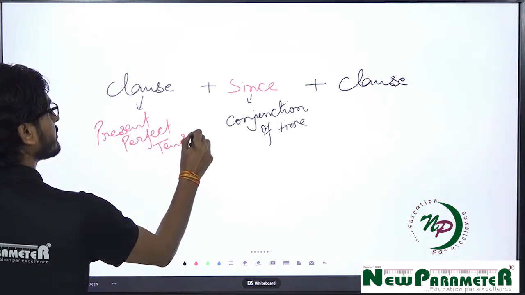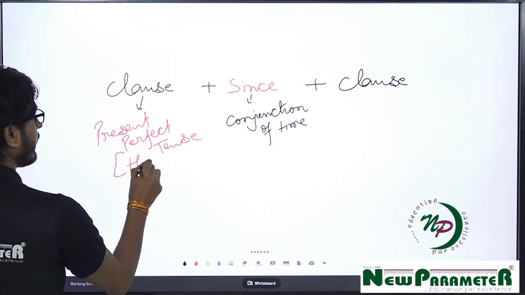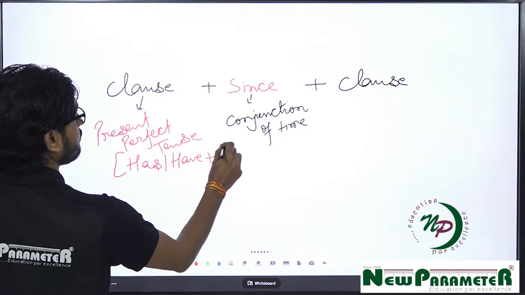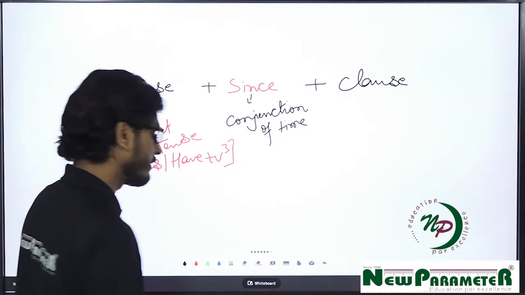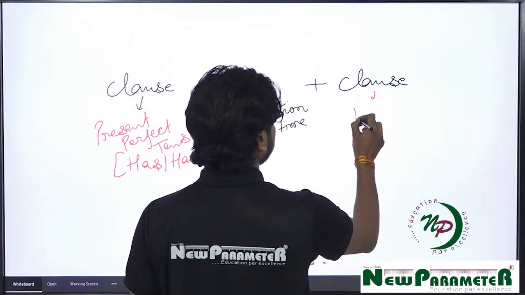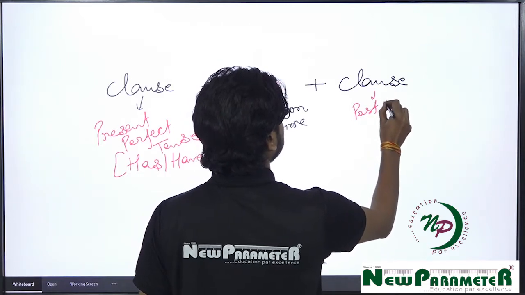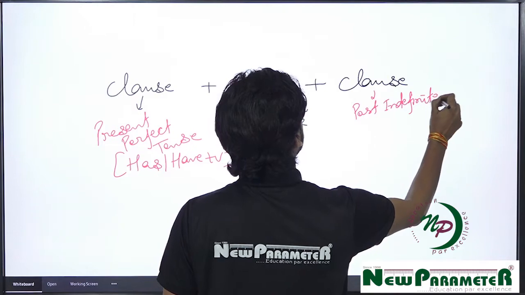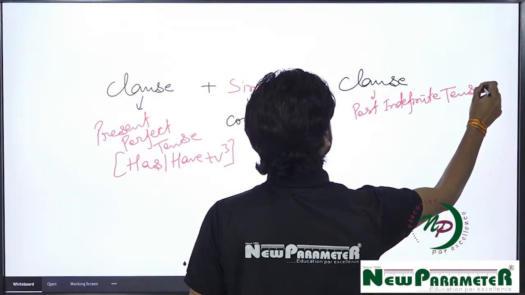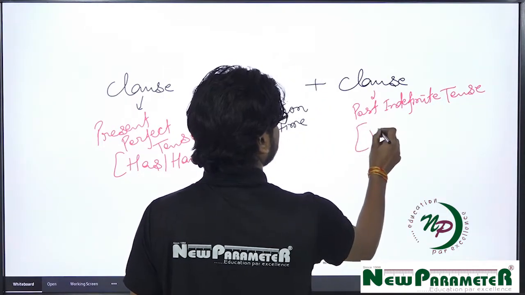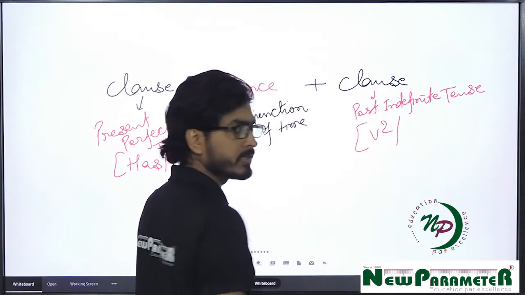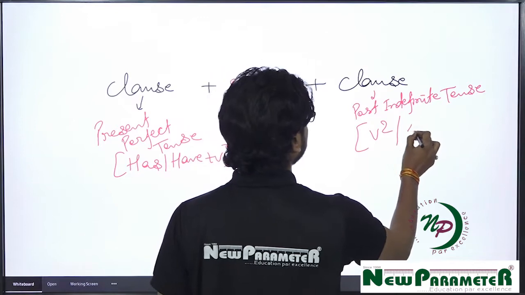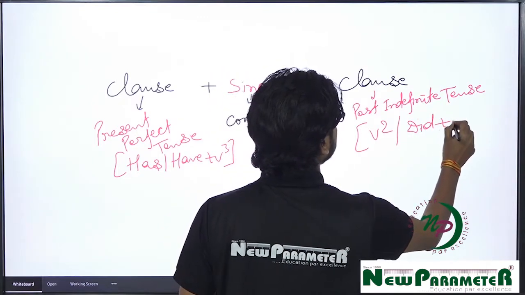Present perfect tense means what? We have to use has or have plus V3, and this clause must be in past indefinite tense. Past indefinite tense means what, guys? We have to use either V2 if the sentence is affirmative, and if the sentence is negative or interrogative, we have to use did plus V1.